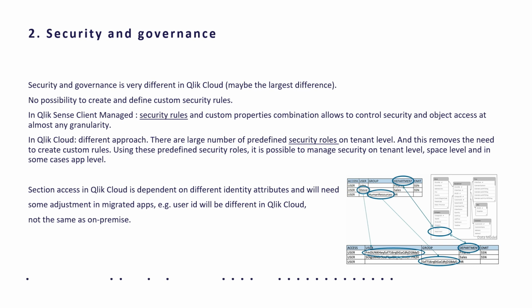So what's the difference? In Qlik Sense client managed, the combination of security rules and custom properties allows you to control security and object access at almost any granularity. So you are able to customize almost without any limits. In Qlik Cloud, there is a slightly different approach.